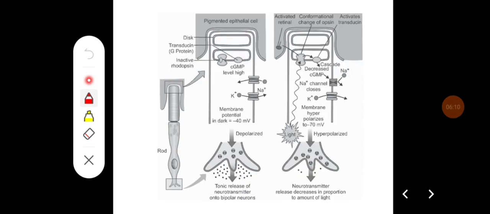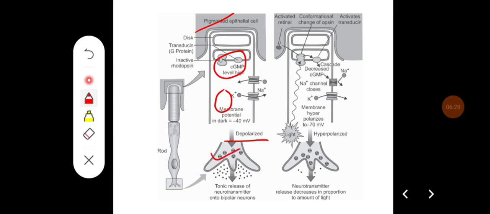So this is the mechanism which occurs in case of dark, where the high levels of cyclic GMP keep sodium channels open, sodium enters in, which causes depolarization and helps in the release of the neurotransmitter glutamate.